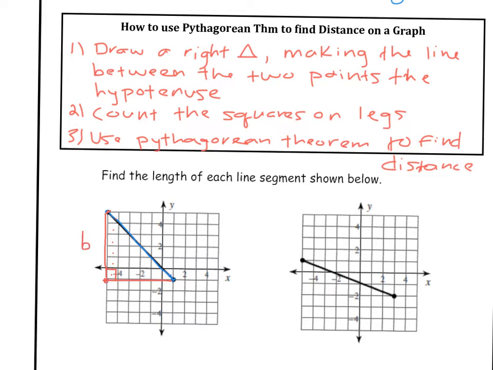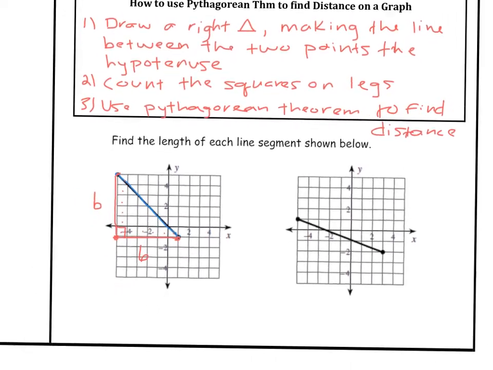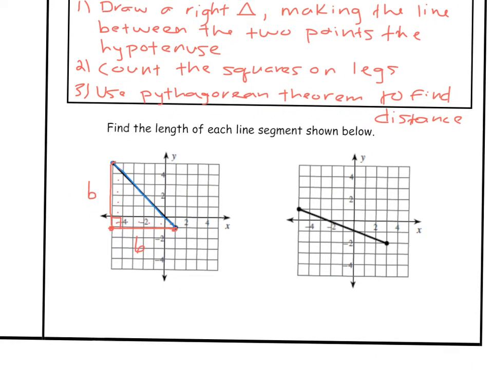Looking at this point and this point, I have 1, 2, 3, 4, 5, 6 squares right here. So my third step is I want to use the Pythagorean theorem to find the distance of this blue line right here, or our hypotenuse.